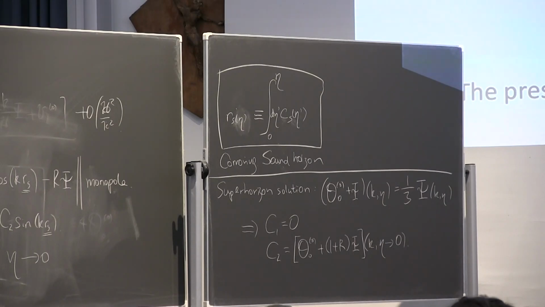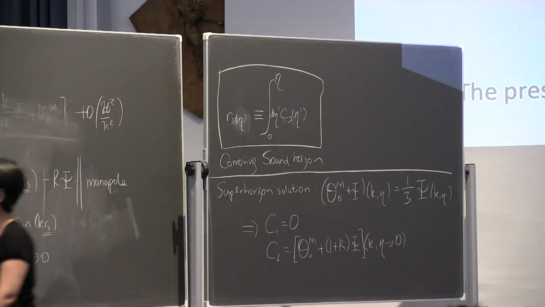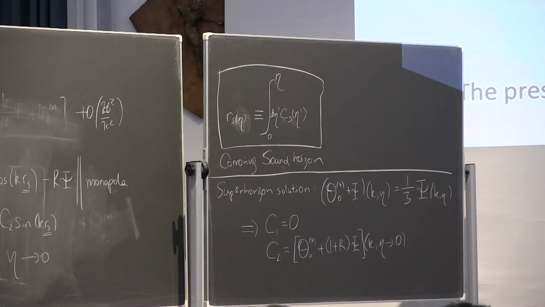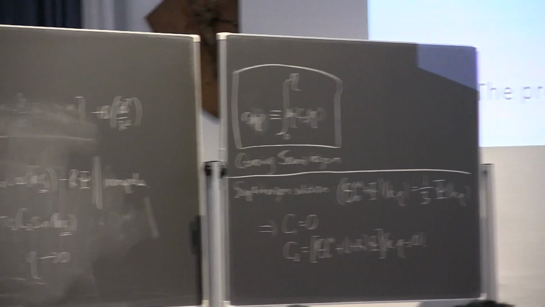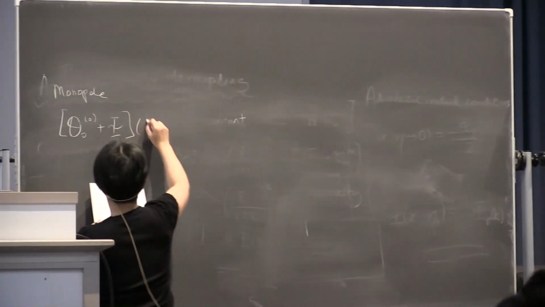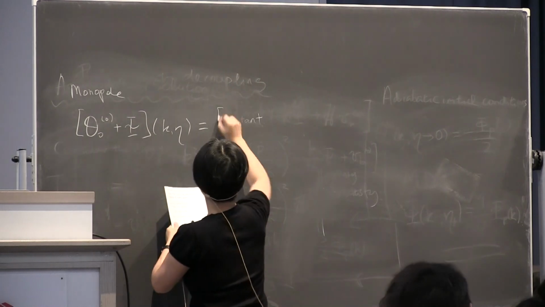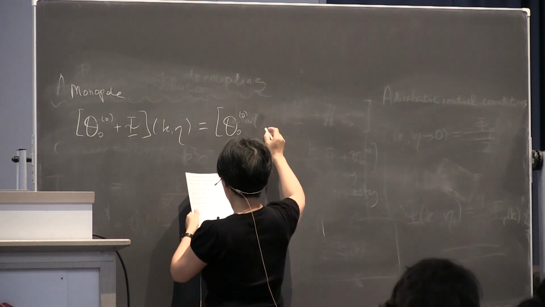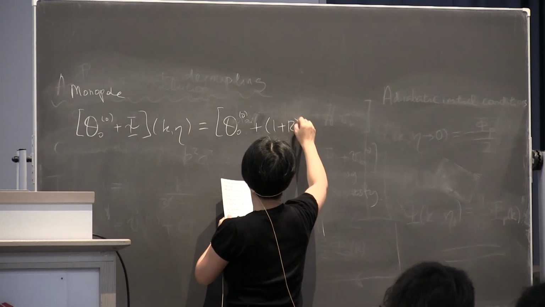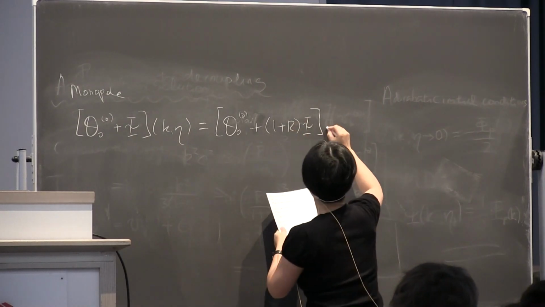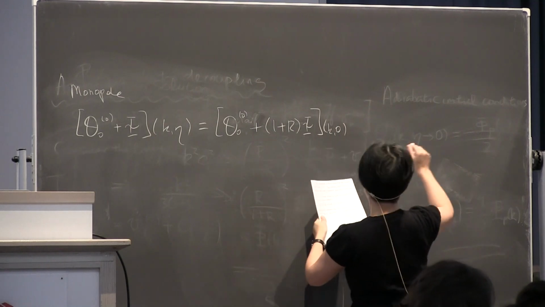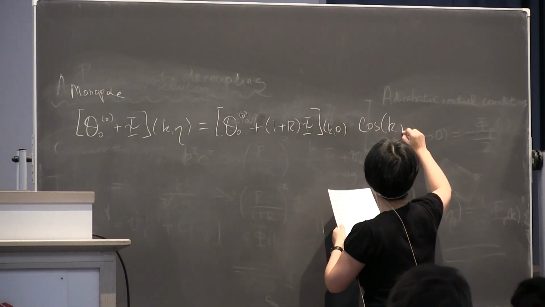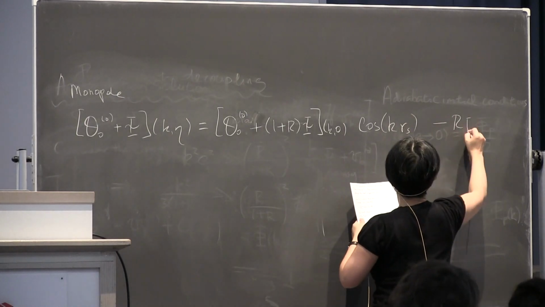Okay, so finally, this tells us that the two solutions we should see are the following. I should have for the monopole theta naught plus psi k eta is equal to theta naught plus 1 plus r psi, okay, evaluated at k equals 0, eta equals 0, the cosine of that, and then k rs, minus r phi.